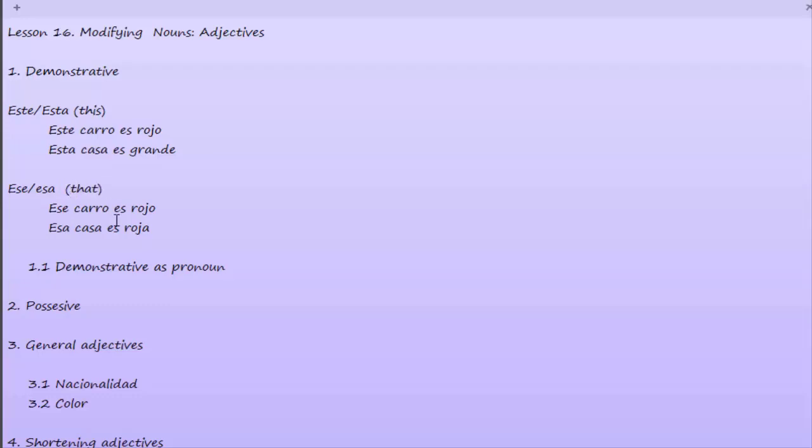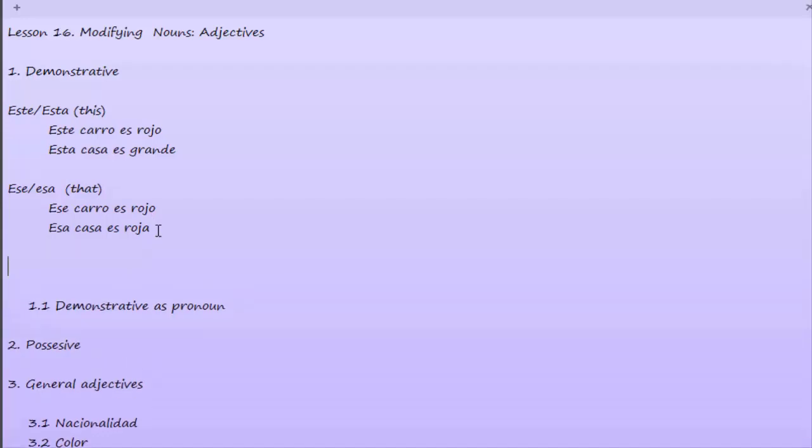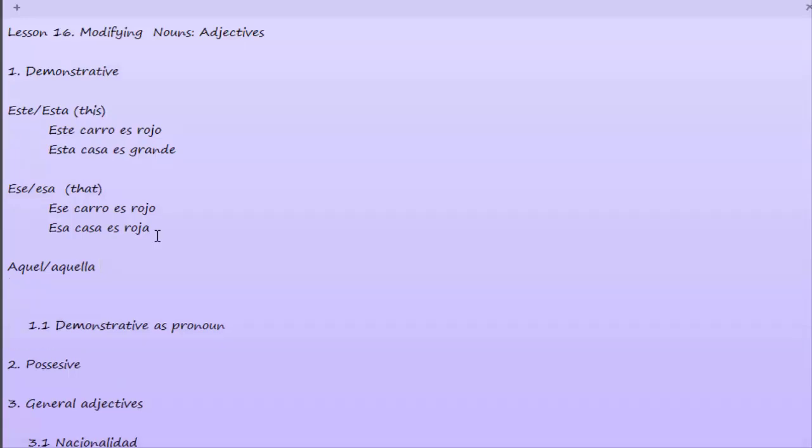But in Spanish, we have a third one that we use when the thing we're talking about is even further. We have aquel and aquella. Again, it will change to match the gender of the noun.